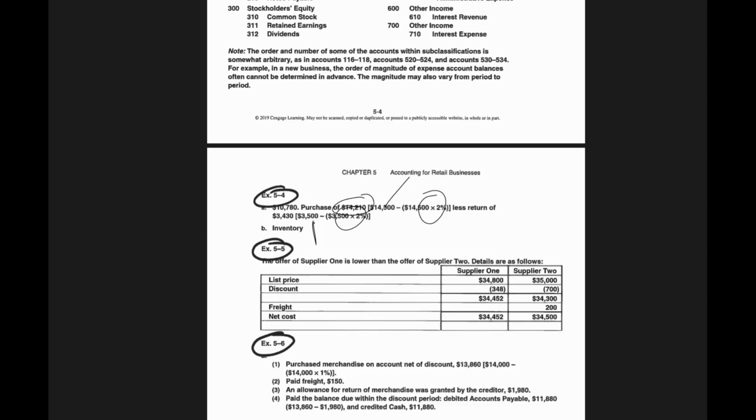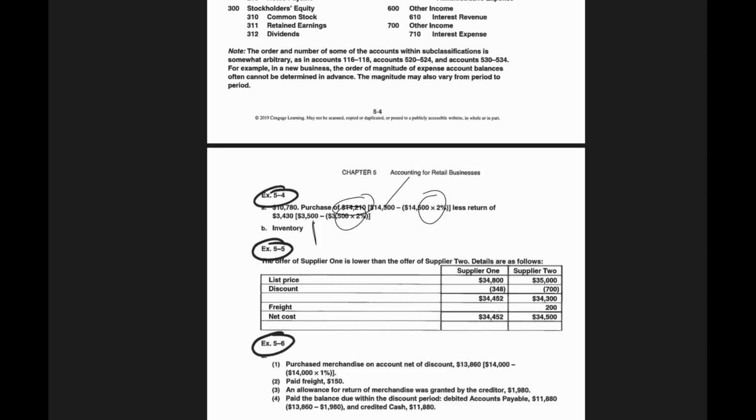Number 5, purchase related. A retailer is considering the purchase of 1,000 units of a specific item from either of two suppliers. Their offer is as follows. Supplier 1, $34.80 a unit, 1/10 net 30, no charge for freight. Supplier 2, a little bit more per unit, a little larger discount, 2/10 net 30, but there is freight.